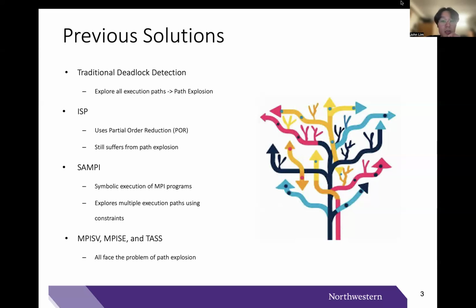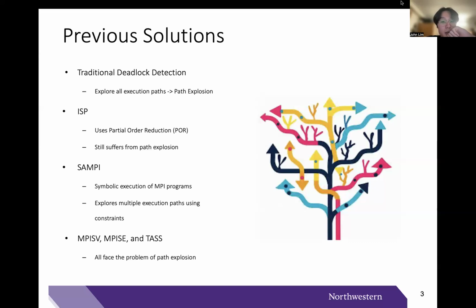Partial order reduction is an algorithm that allows ISP to avoid analyzing all interleavings by reducing them to only those that are meaningfully different. It was a way to alleviate the path explosion. However, ISP still struggles with path explosion, especially in complex or highly concurrent MPI programs.